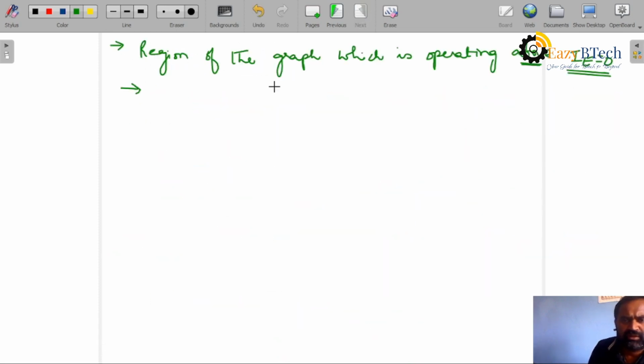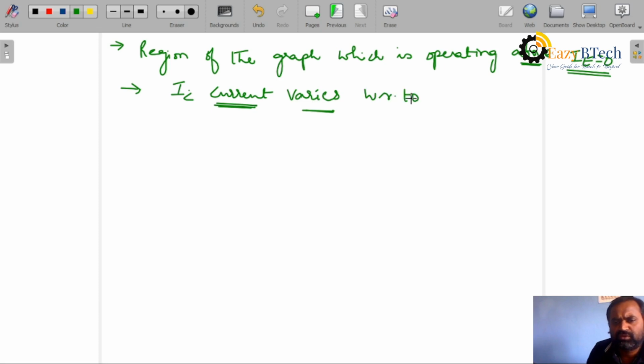In the saturation region, we call this IC current the output current. The IC current varies with respect to IE versus VCB.